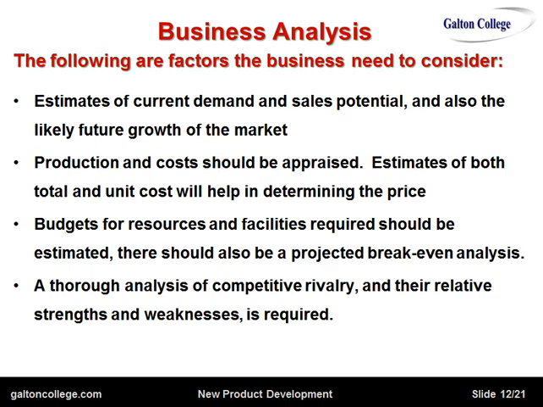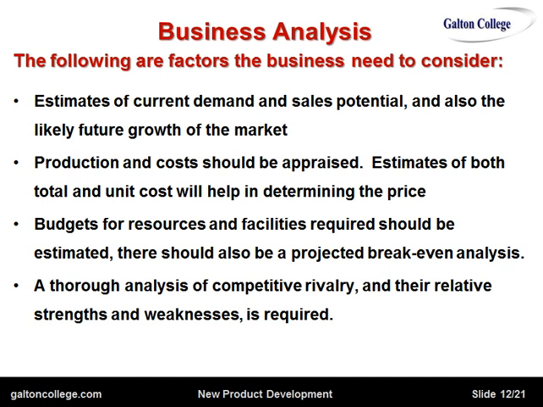The following factors need to be considered. Estimates of current demand and sales potential, and also the likely future growth of the market. So what's the current demand and what's it likely to be in a year, 2 years, 10 years time? Production and cost should be appraised.